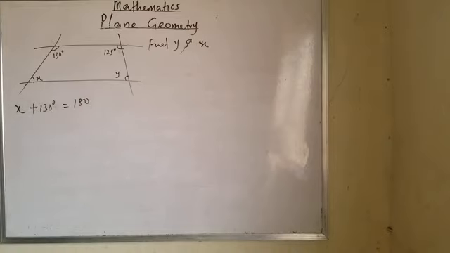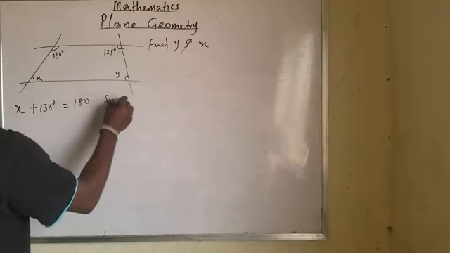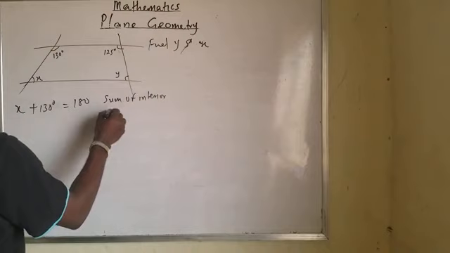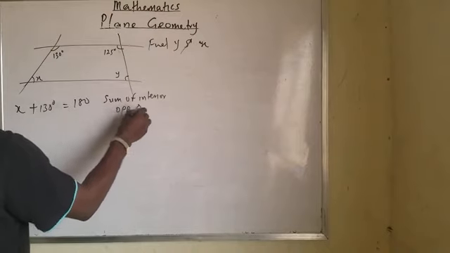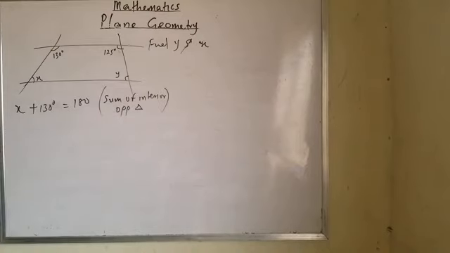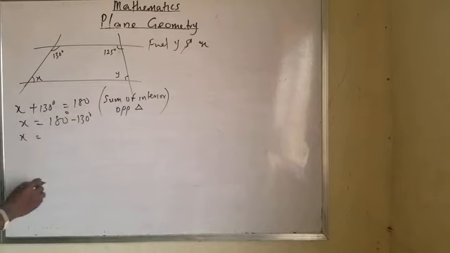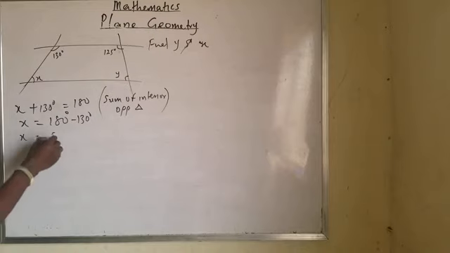That is the sum of interior opposite angles. That is what I need to know there. It means my x equals 180 minus 130, so my x equals 50 degrees. My x is 50 degrees.